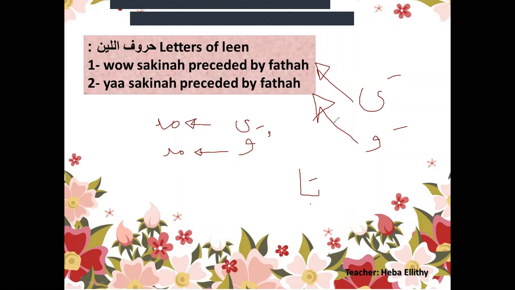Okay, so lin is ya sukoon preceded by fatha, or waw sukoon preceded by fatha. But ba fatha followed by alif sakina is mad in the length all the time. If you hear someone call it lin, they call it lin just because it comes with a soft way, not because it's a length of lin.